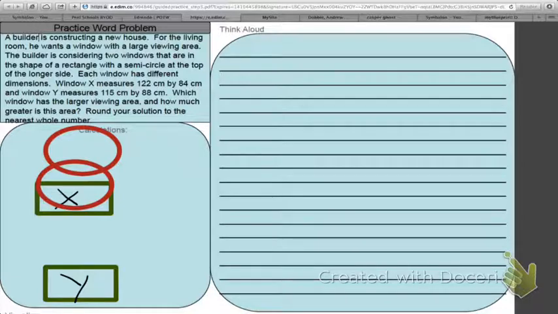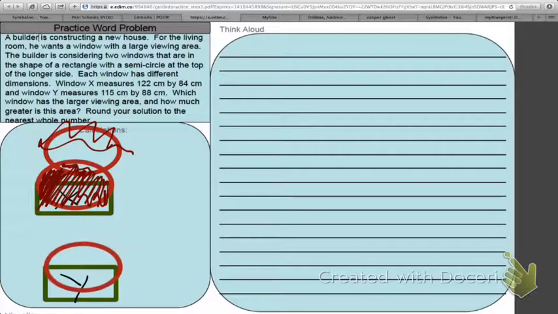So what I want you to imagine is that this is the window. That's the area of the whole window here. Okay? Just ignore this circle. I just put that in the way for now. But we would need the same kind of a circle on this window too. Right?